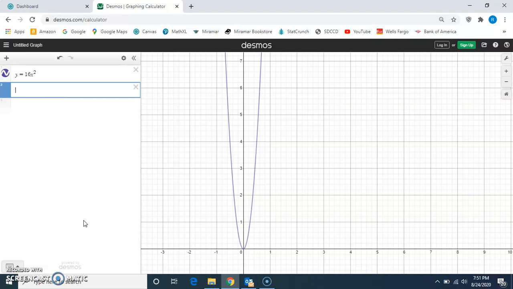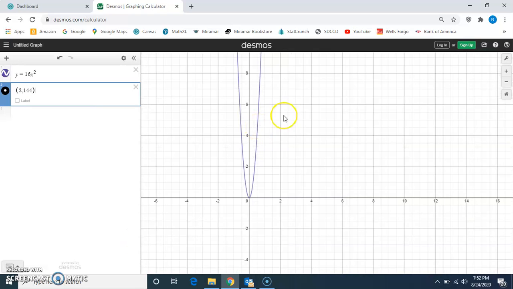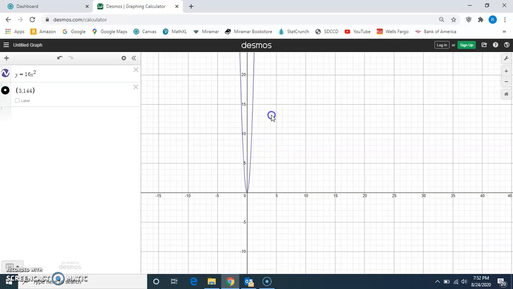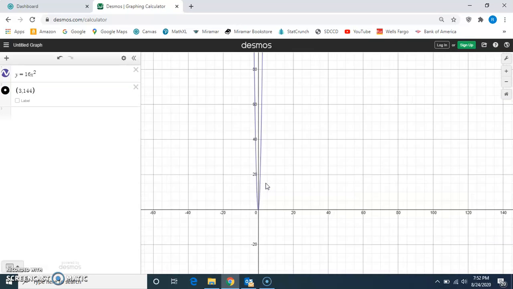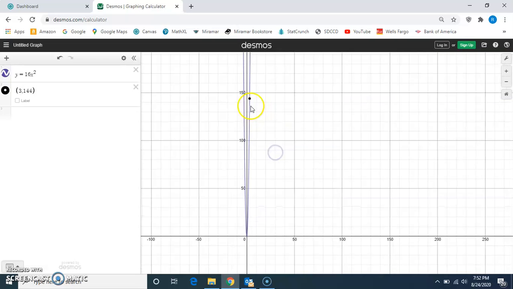So we saw at 3, the function's at 144. So this is very high. If I zoom out, oh gosh, okay, there's 3, 144. Now we didn't find the equation of the tangent line there, but we did realize the slope was 96. So an incredibly steep slope.